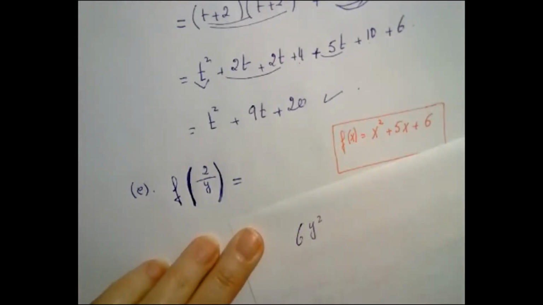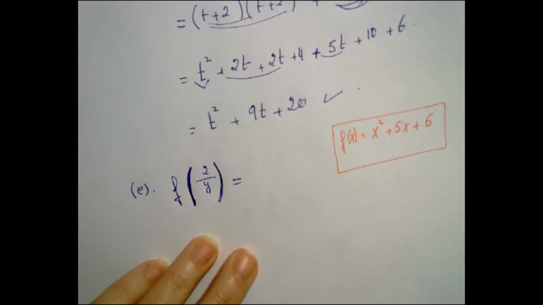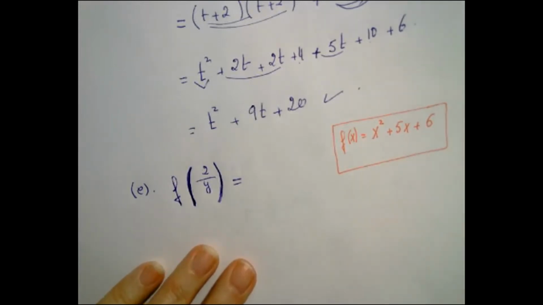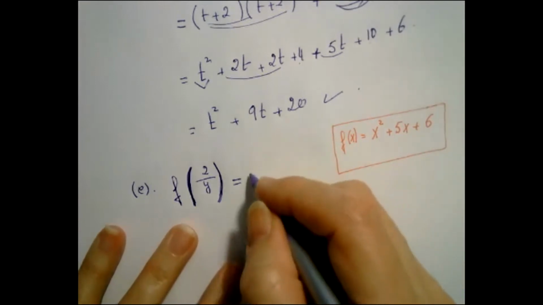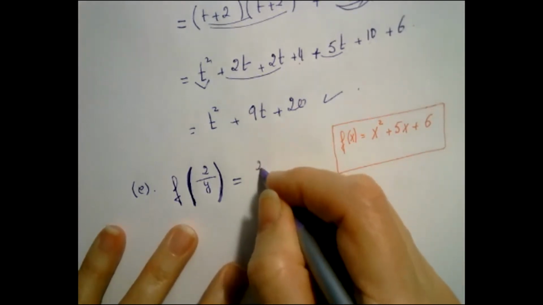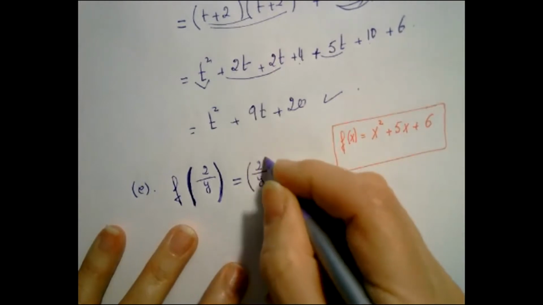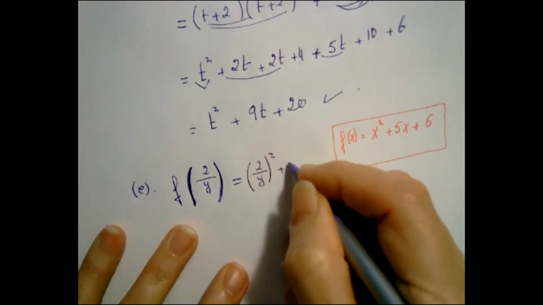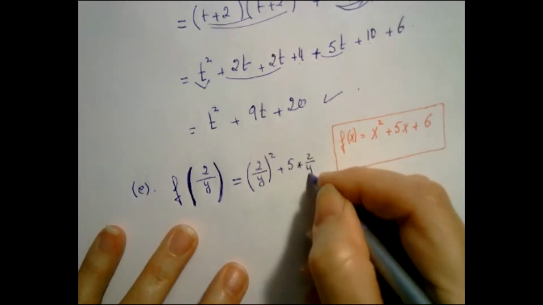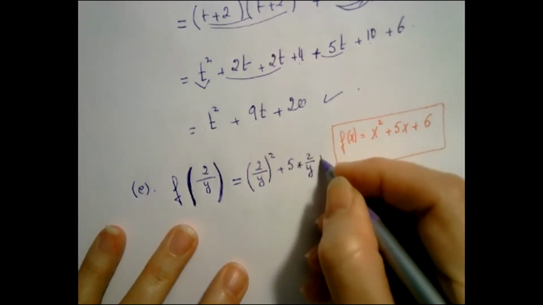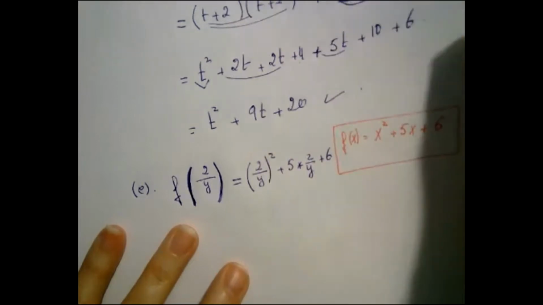You're going to guide me through your work verbatim. Okay? So I have 2 divided by y squared plus 5 times 2 over y plus 6. Okay. Set up correct.